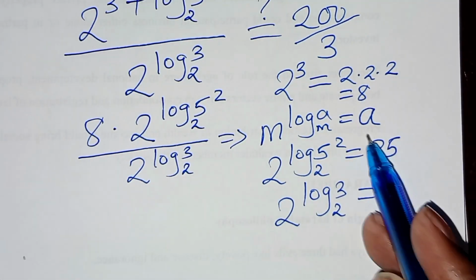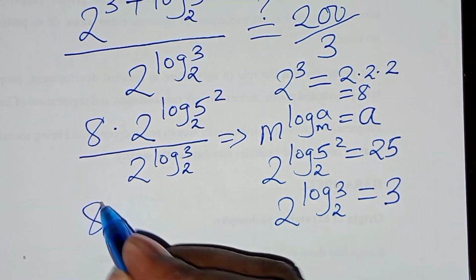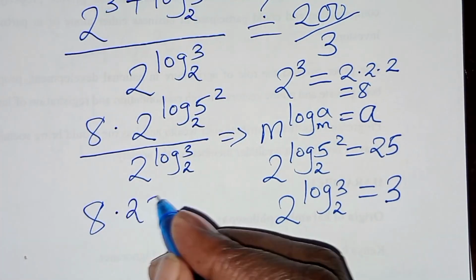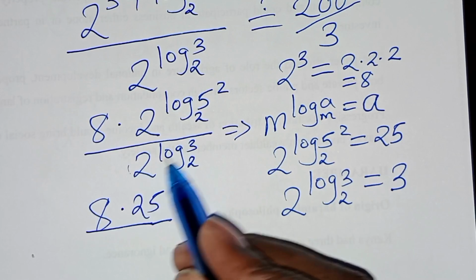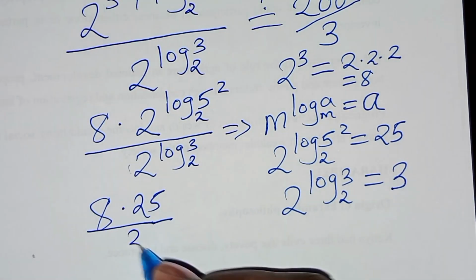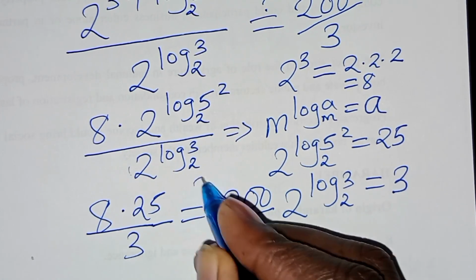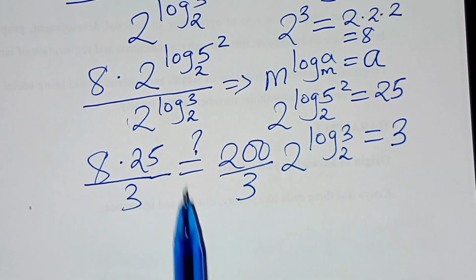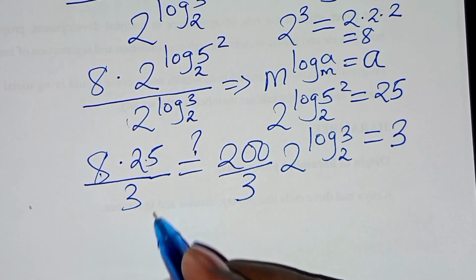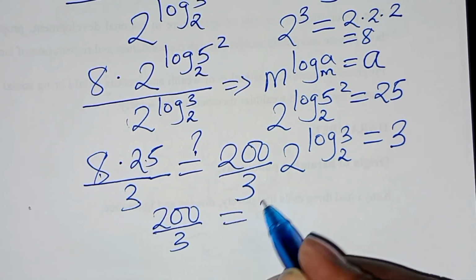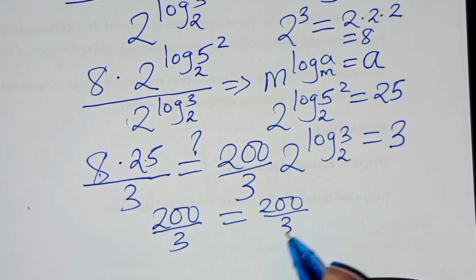So let's substitute these values. So here we have 8 times 2 to power log 5 squared to base 2, this is 25, divided by 2 to power log 3 to base 2, which is 3. And this is supposed to give us a value of 200 divided by 3. So you can see clearly 25 times 8, this is 200, divided by 3, and this is equal to 200 divided by 3.